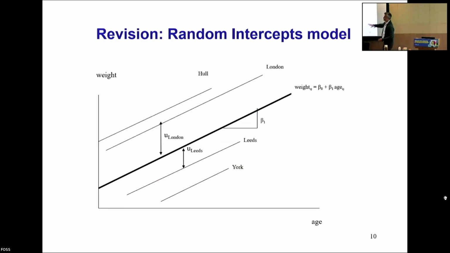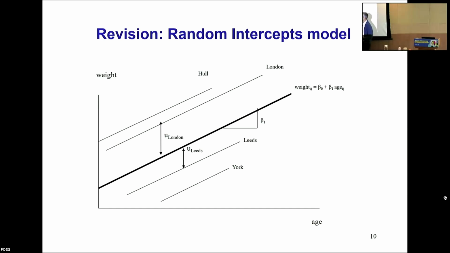So that was a multi-level model, but with no explanatory terms. Now we can add in explanatory terms. Here we've got age as a predictor of weight. And what's different is that instead of a single intercept, we have multiple intercepts being estimated over here. So a different group mean for people living in York compared to Leeds, compared to London, compared to Hull.